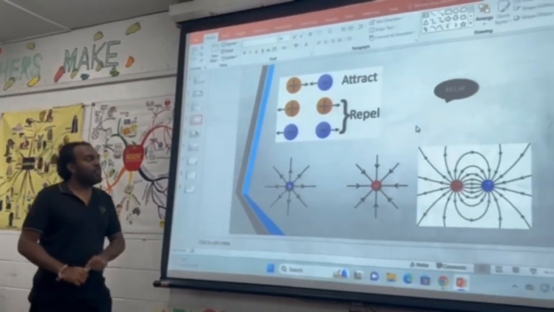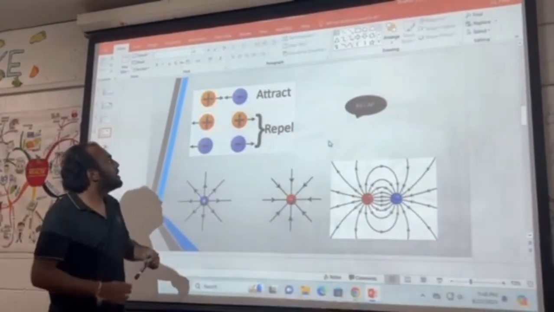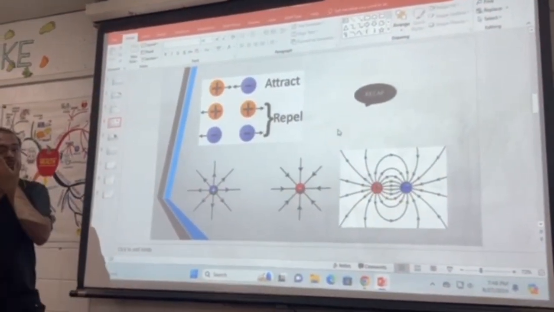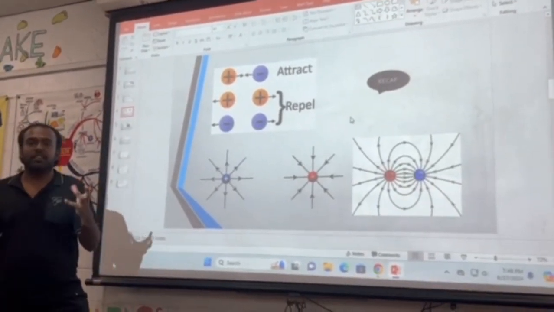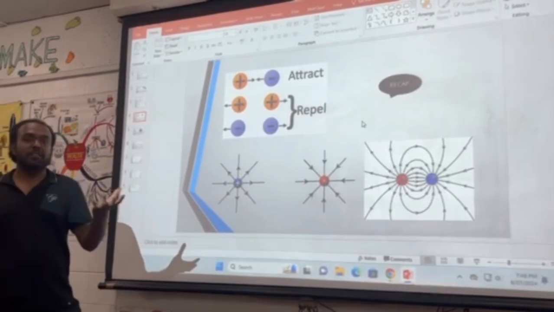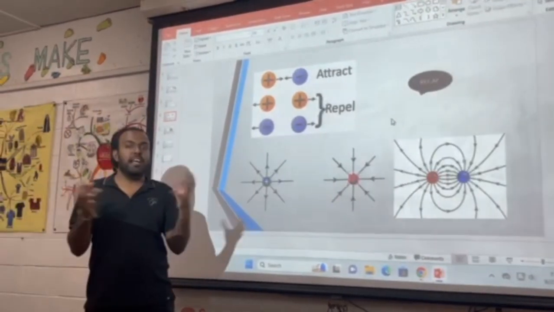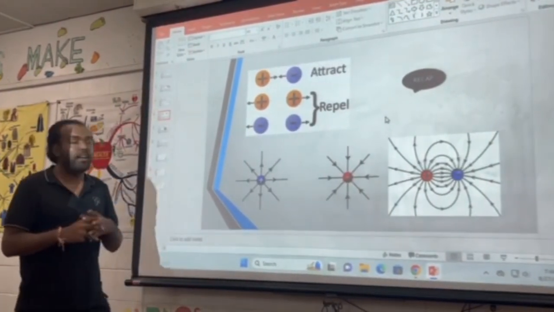Now we're coming to a big, tough recap. As I've said earlier, we have two types of charges, one positive and one negative. Positive and negative charges attract because they have different field lines.